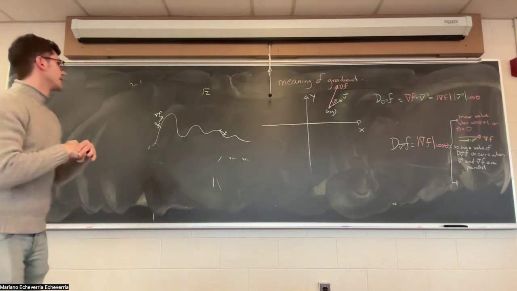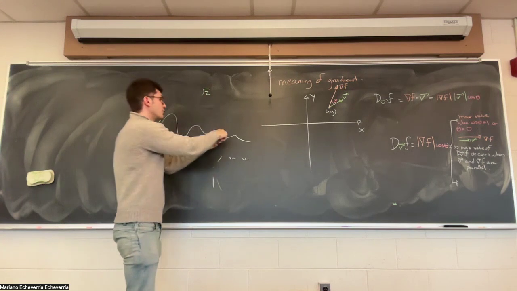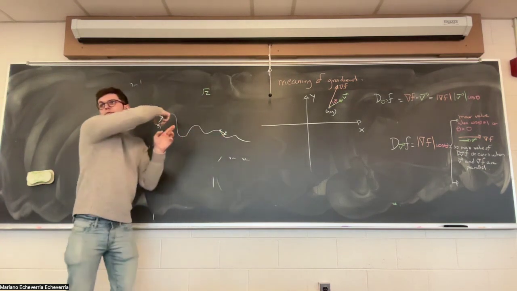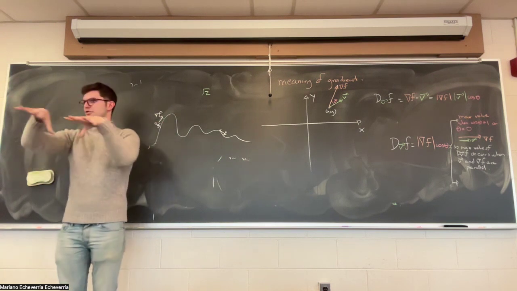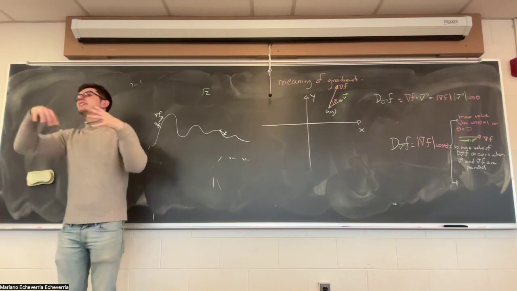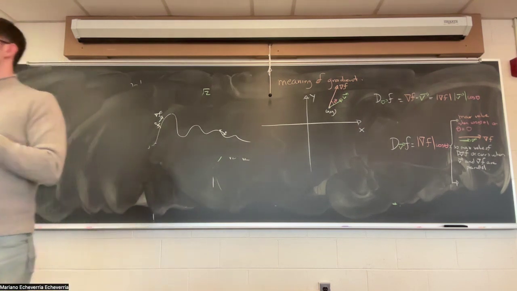The one given by the gradient. If you're here, that would take you to this max, but if you're here, that would take you to this other max, right? So it really depends on where you stand on the floor or the mountain system, but it is at least some sort of max, if that makes sense.